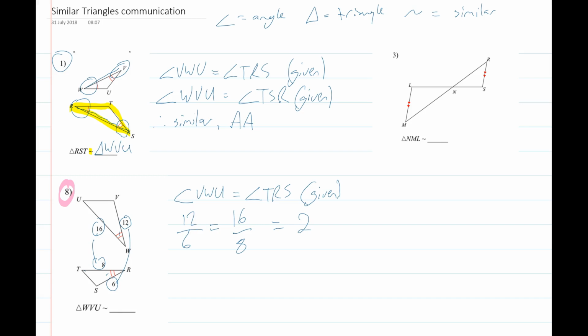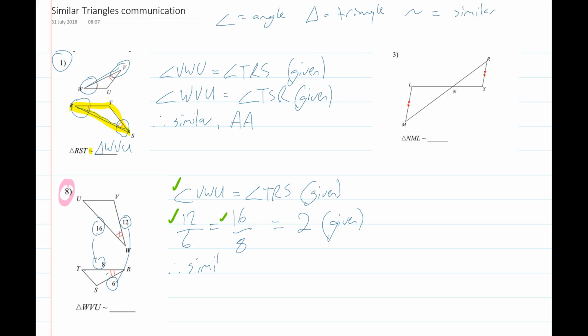How did we know? Well, they told us the measurements. We didn't have to work them out. So it's given. And now we've got an angle and 2 sets of sides. So the rule is going to be, therefore, it's similar and it's side angle side.